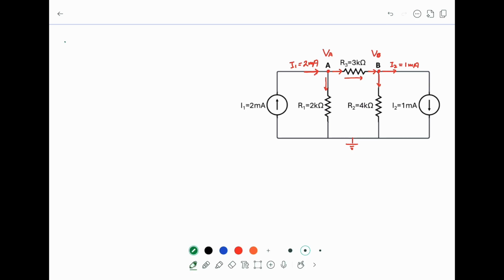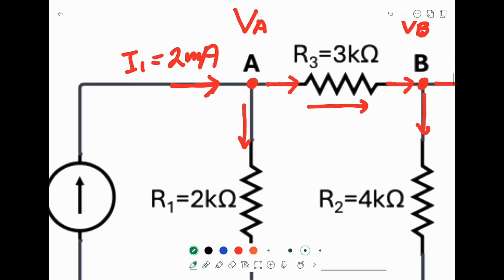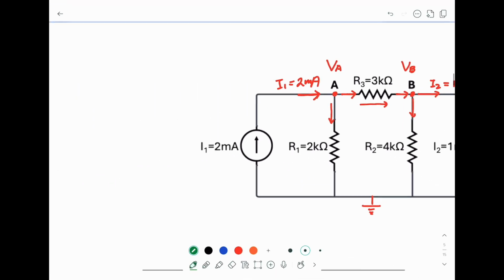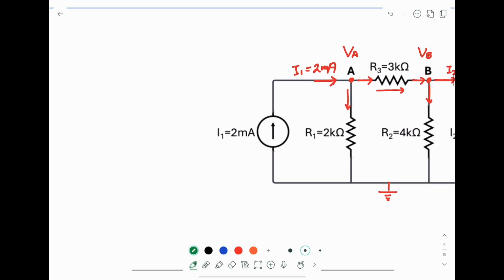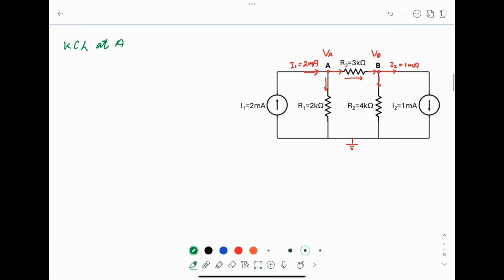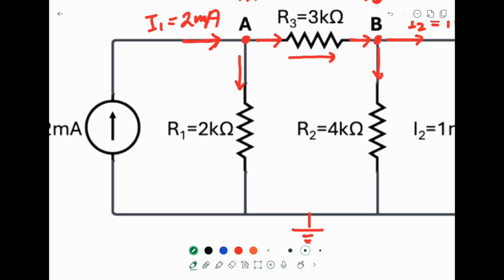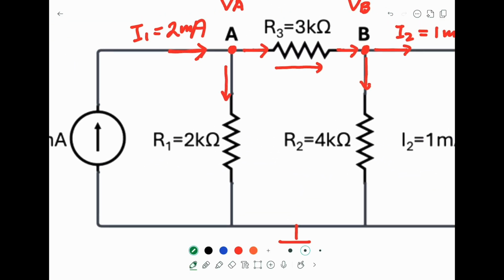KCL at A. Let's look at the current. The current in must equal the current out. The current in is 2 milliamp. So 2mA, the in, equals the out. The first one is the one passing through R1.